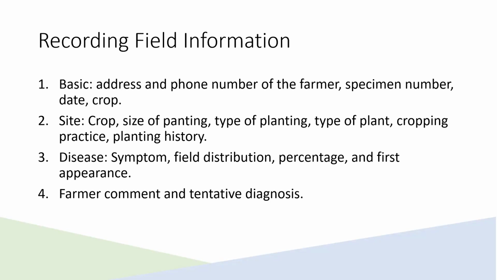The time is also important, and what kind of crop is there. Also information about the site, like crop, size of planting, type of plant, cropping practice, and planting history. This data will help us diagnose the disease or detect the pathogen from the sample.